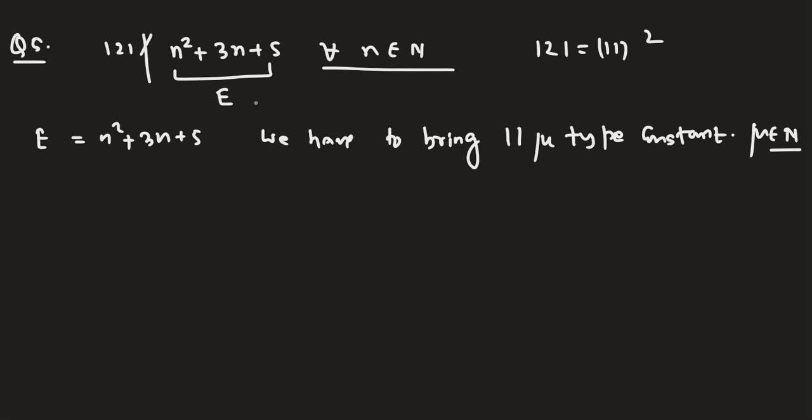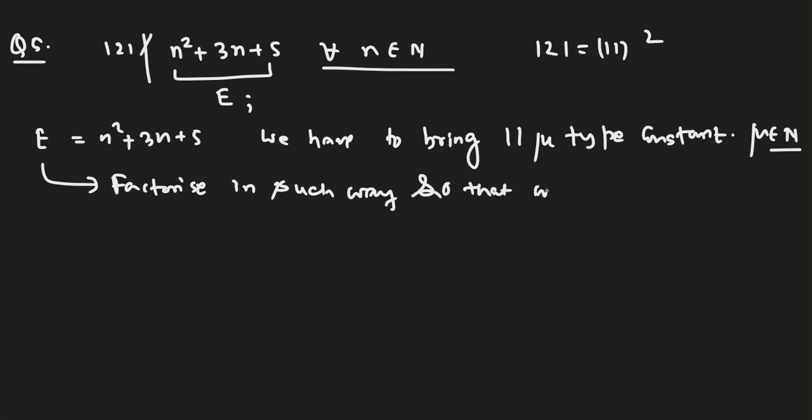So in this case you have to do the factorization of e. We have to factorize e in such a way that we will get a multiple of 11 as a constant number.